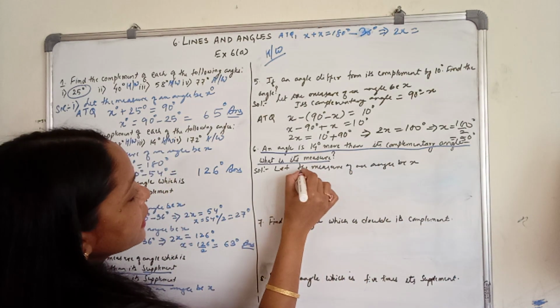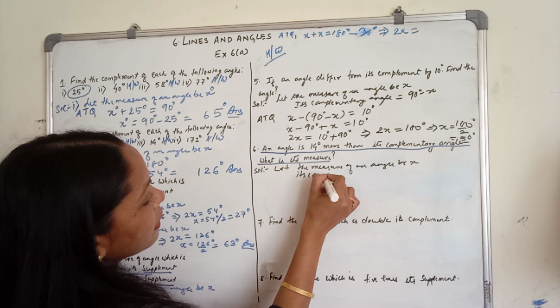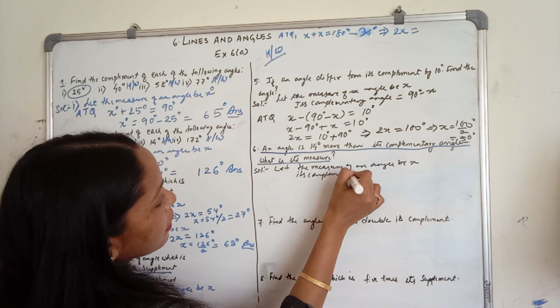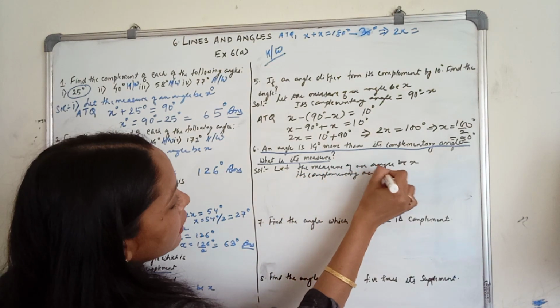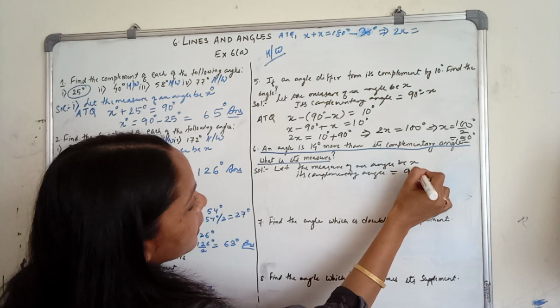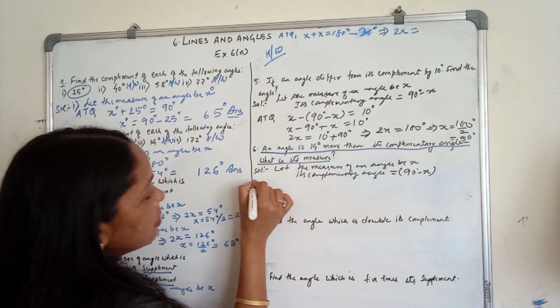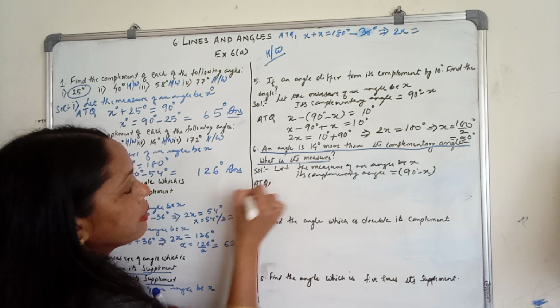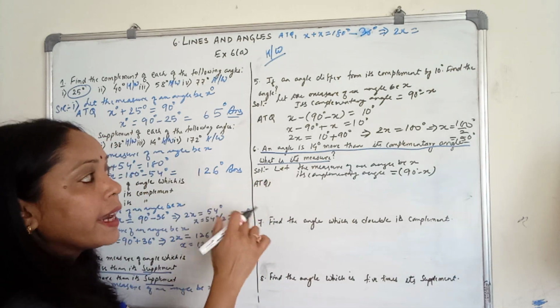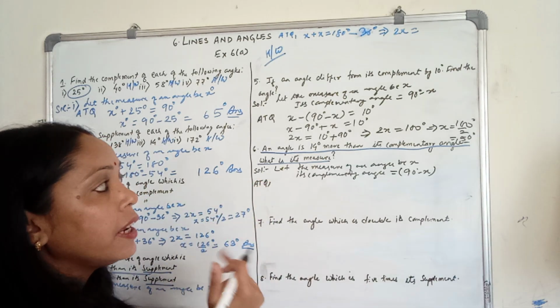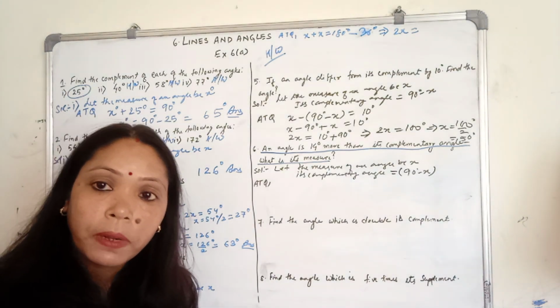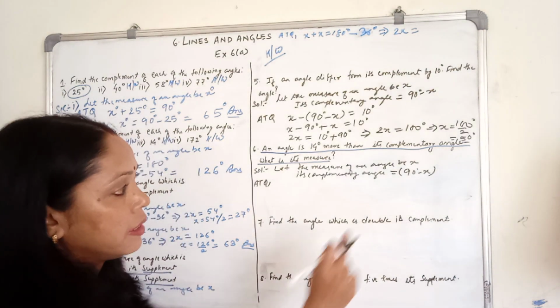Then its complementary angle is equal to 90 degrees minus x. Now according to the question, you find the equation.